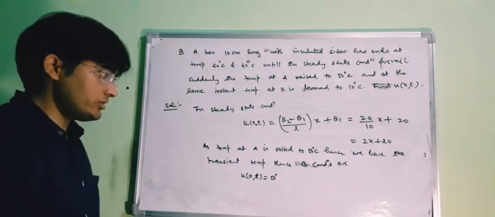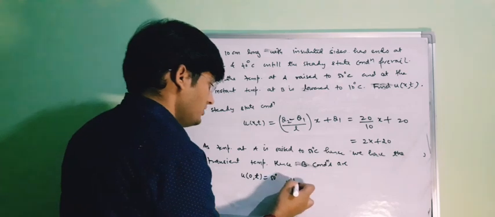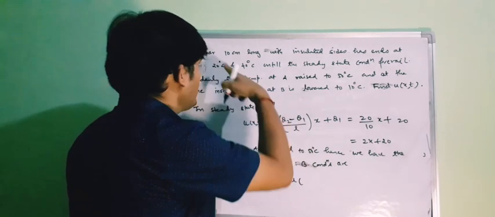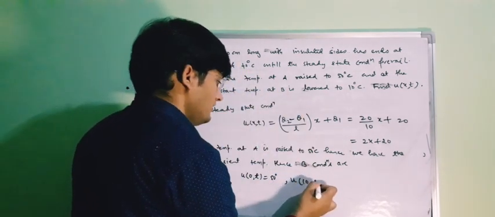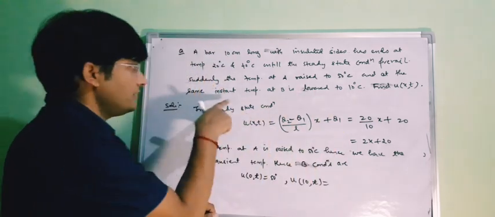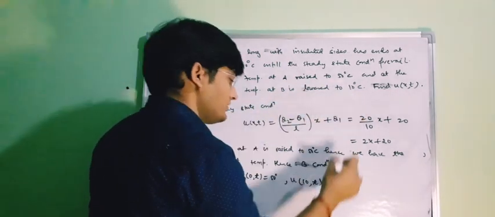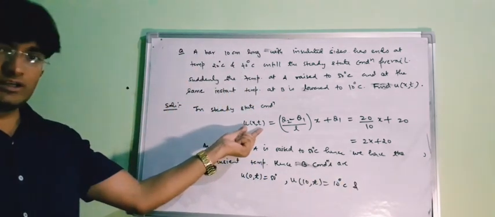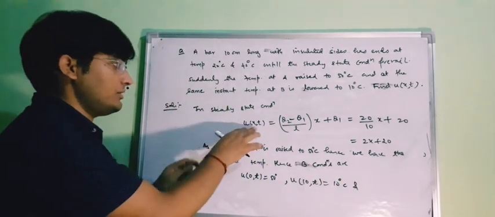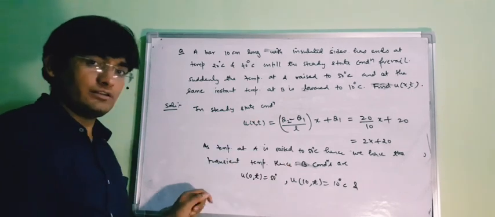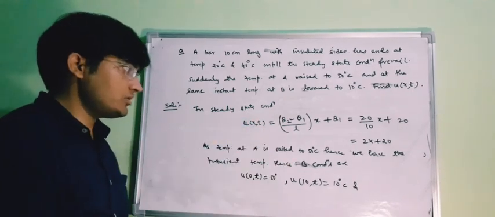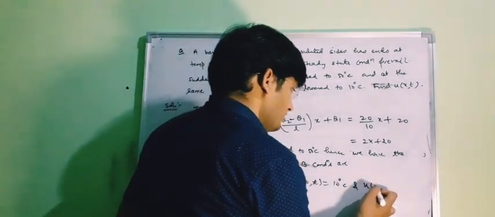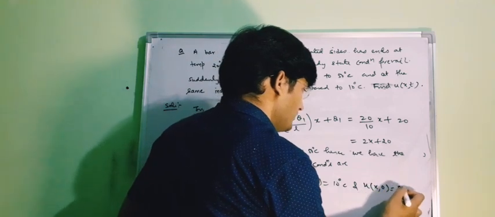So your u(0,t) will be 50 degrees centigrade. Your u(L,t), that means when your length is 10, your temperature at B is 10 degrees centigrade, and your initial temperature, that means your temperature in steady state condition, when your temperature does not depend on time, is equal to 2x plus 20.